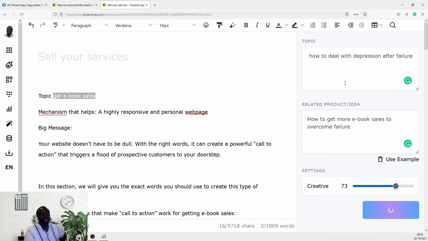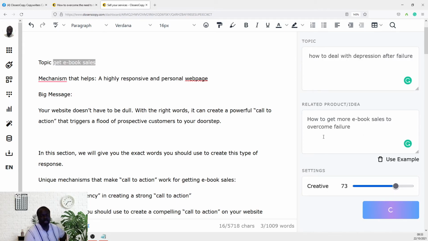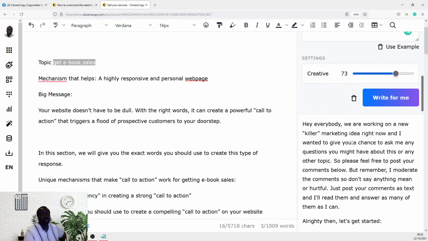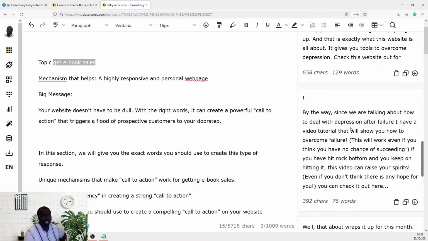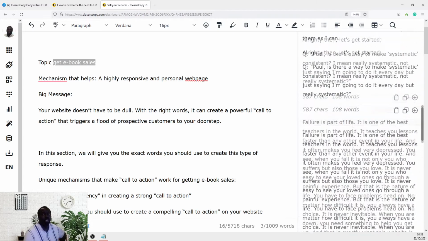But the idea here is, once this works, it gives you a way to connect what you're talking about with what you want people to do. This is not quite working like I hoped it would, but I'll still be tweaking it.